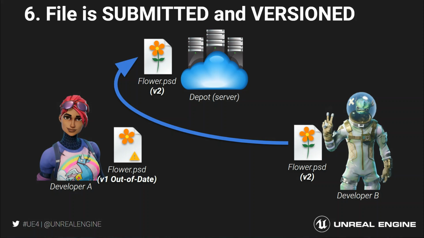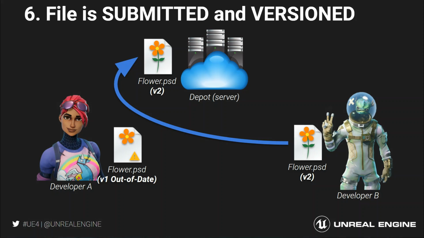At that point, the server creates a new version, appropriately called version 2, and it lets the other members of the team know that if they've got version 1 or an older version, their version is out of date. So if they try to modify it or save it, they will be informed that they need to update their file because they're not working on the latest.